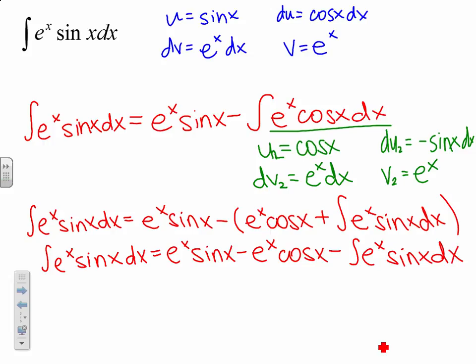I've distributed out that negative, and what we can do is take this right here and add it over to this integral because they are identical. So we can add those two together, and we can say 2 times the integral of e to the x sine of x dx equals the right side.